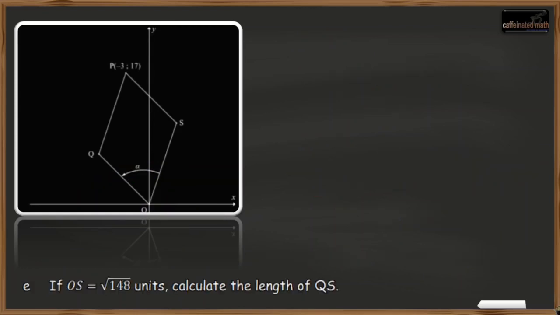And then the final question in our assignment tells us that if OS is equal to that length over here, calculate the length of QS, which is this one. This is the length they want over here.